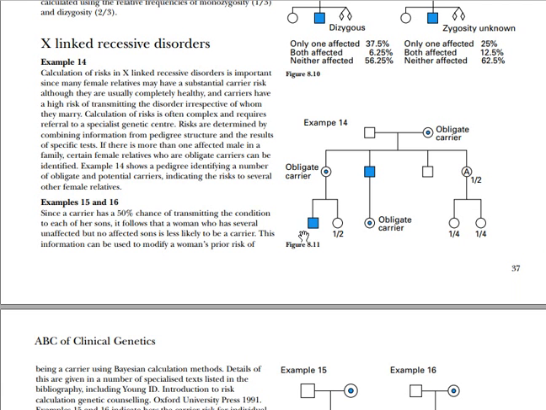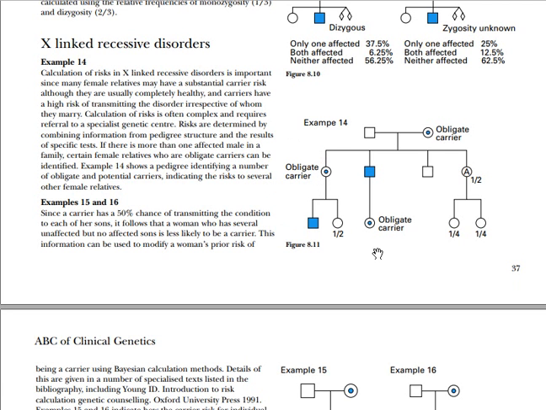Now, if one male child has an X-linked disorder, the mother must be a carrier. That is why she is called an obligate carrier. Is it clear?